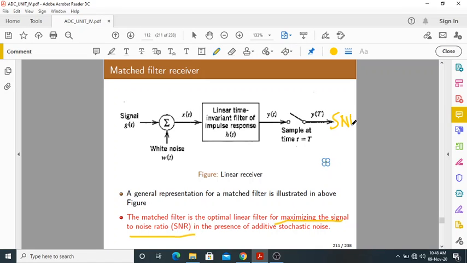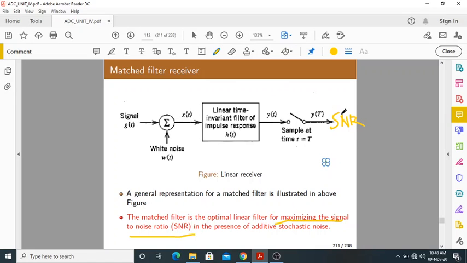What is the purpose? We have to choose the impulse response of the filter such that it maximizes the SNR at the output of the system. You know what SNR means? It means the ratio of signal power to noise power. So we have to choose this impulse response in such a way that it maximizes the SNR.